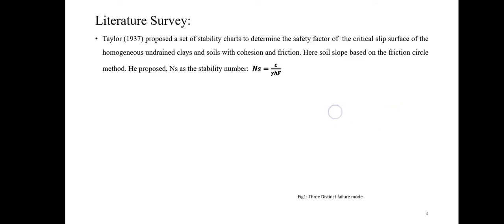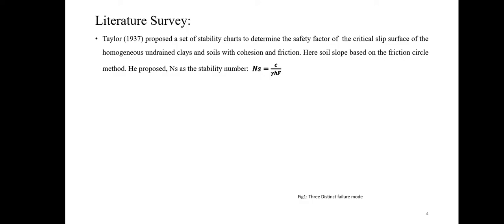Literature survey. Taylor in 1937 proposed a stability chart that provides an effective preliminary analysis to determine the factor of safety of the critical slip surface, mostly in homogeneous undrained clay soils with cohesion and friction.